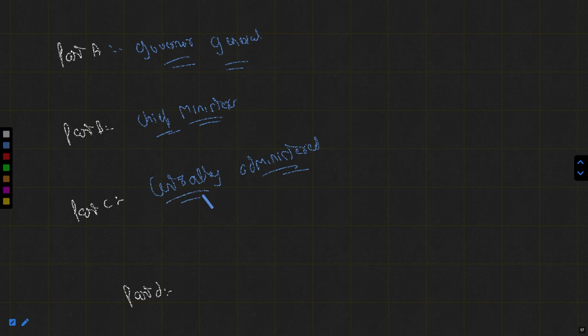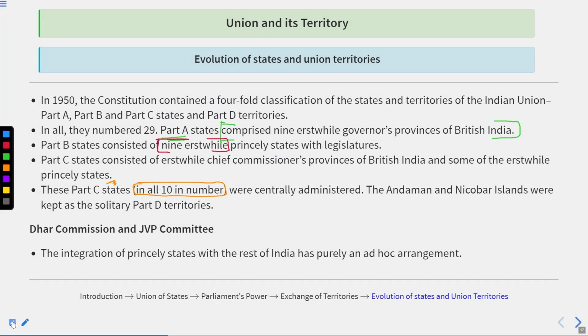And Part D, solely the Andaman and Nicobar Islands. So that is the scenario. Part A, Governor. Part B, Chief Minister. Part C, Central Administrator. And Part D, Andaman and Nicobar. All right. So these were the divisions at the time of independence.